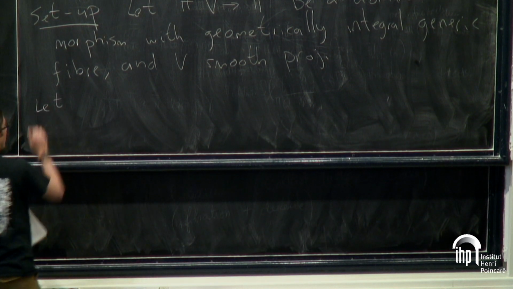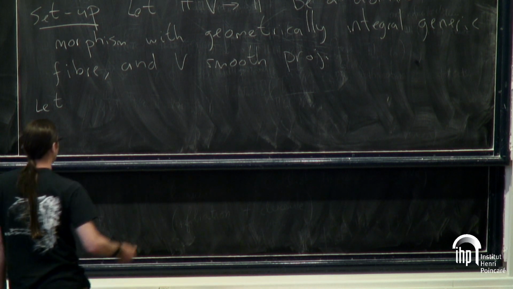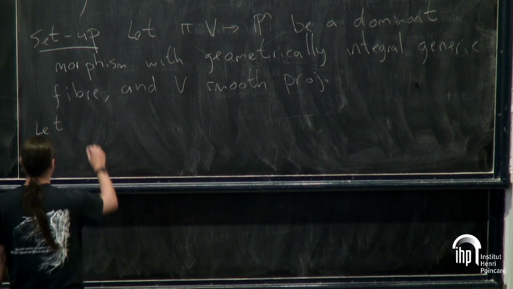So this is my family of varieties parameterized by the fibers of the morphism pi. And I want to count how many have a rational point.